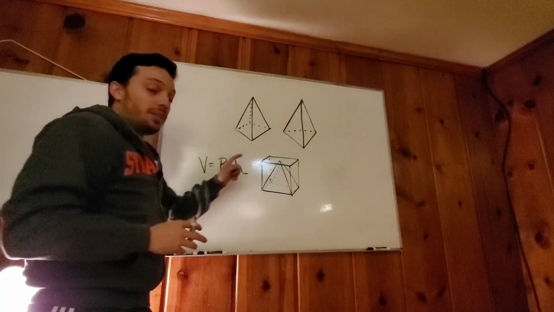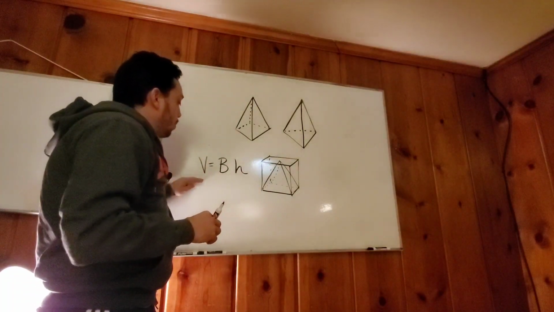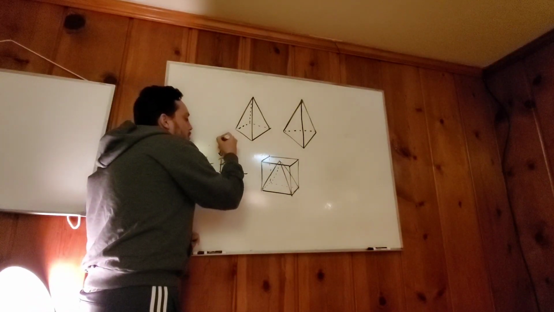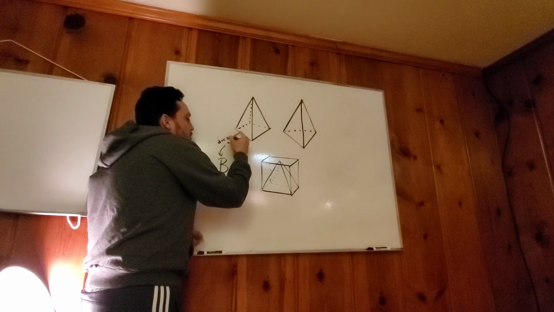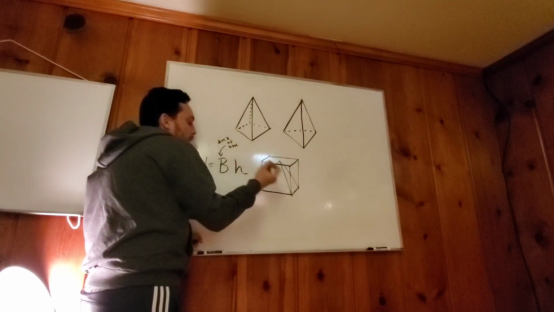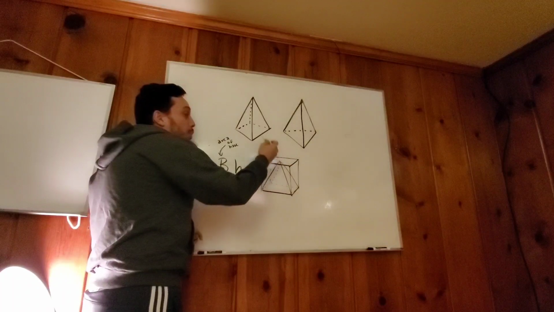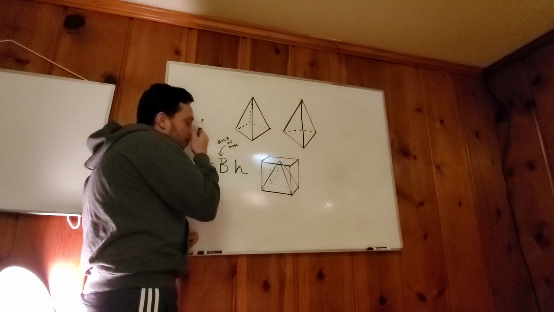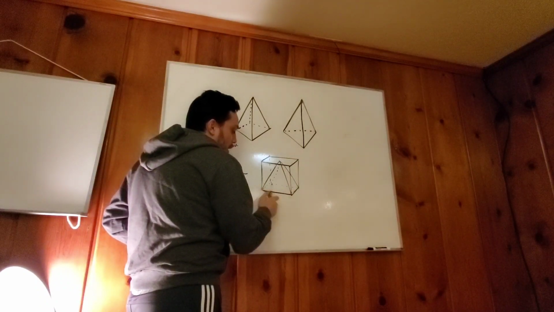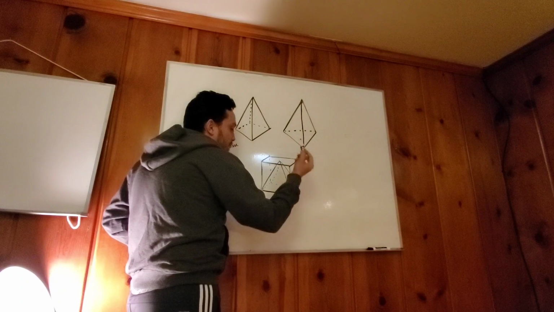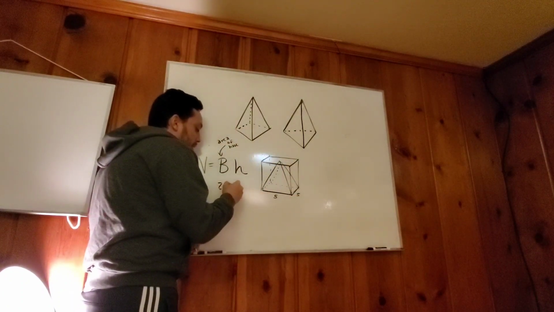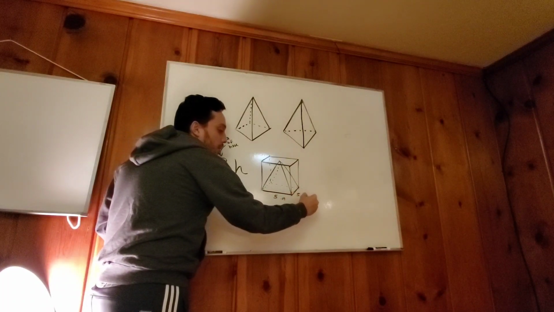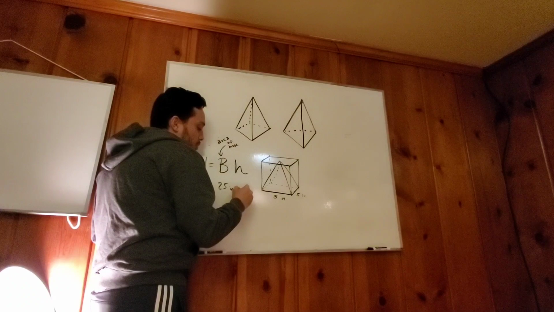Now, for the cube, the volume would be the area of the base times the height, and the area of the base for both the pyramid and the cube is a square. So it's pretty easy. If this side is 5 and this side is 5, then the area of the base is 25, let's say in inches, so 25 inches squared.